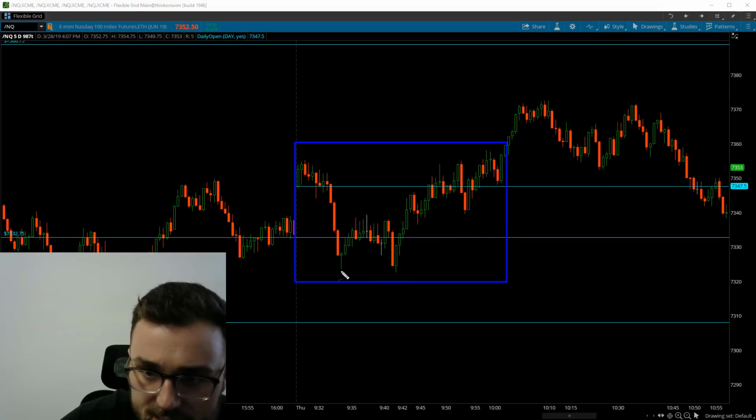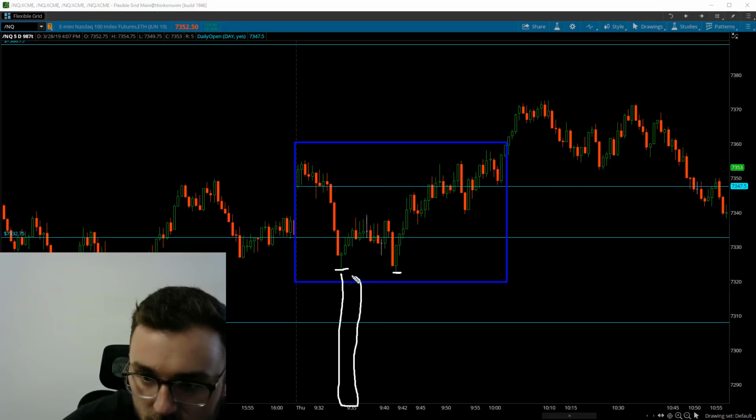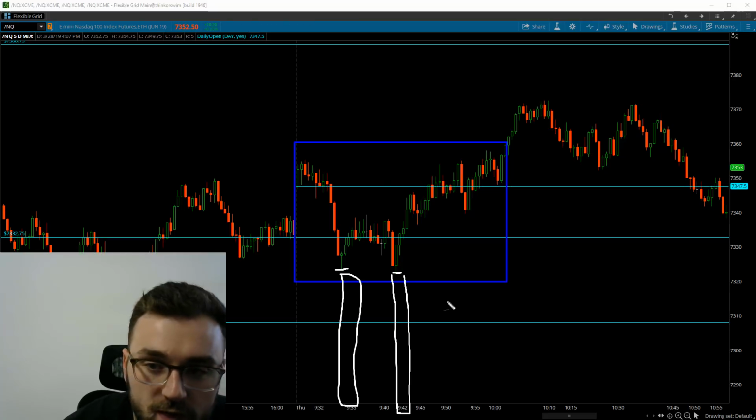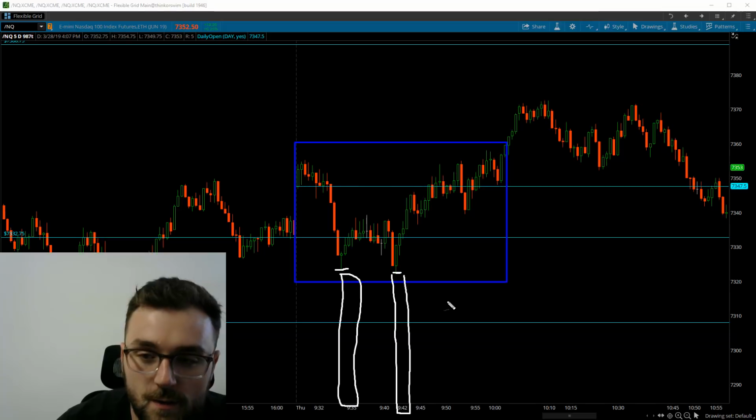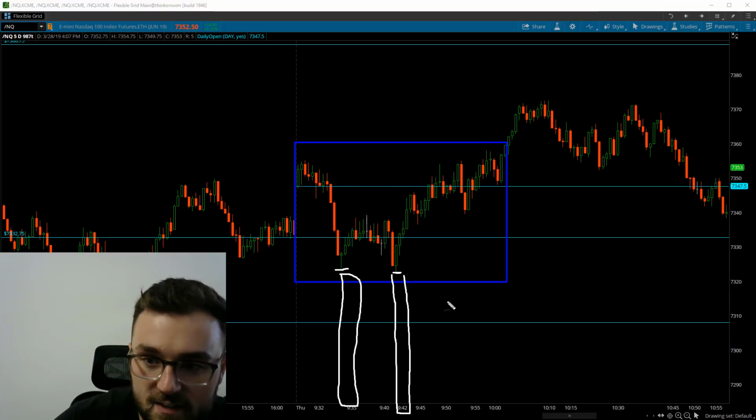Notice what ends up happening in the Nasdaq is we actually break through this prior low, coming in at 935, and that happens at this 942, 945 area, where the S&Ps did not break through those lows. The Nasdaq, in fact, did.